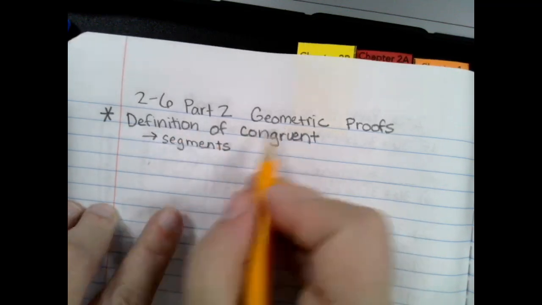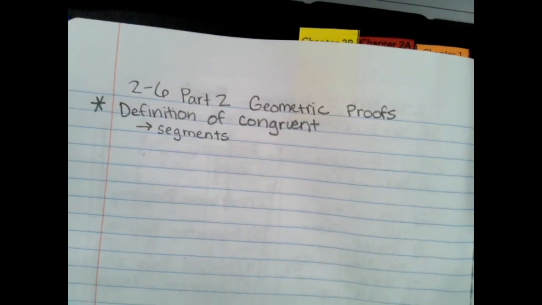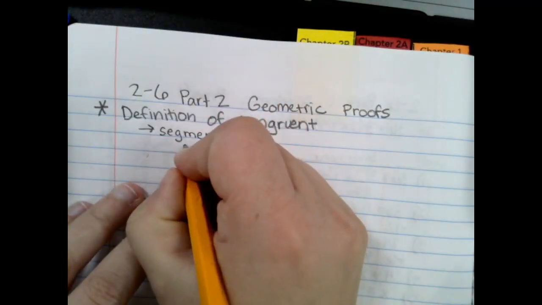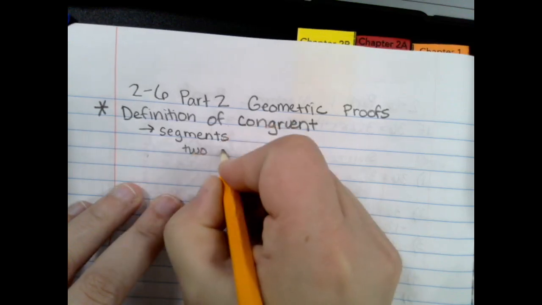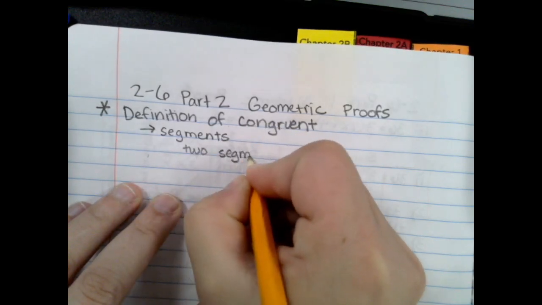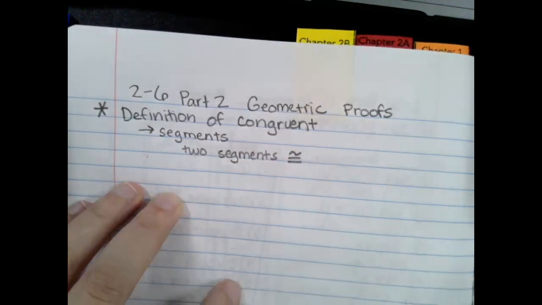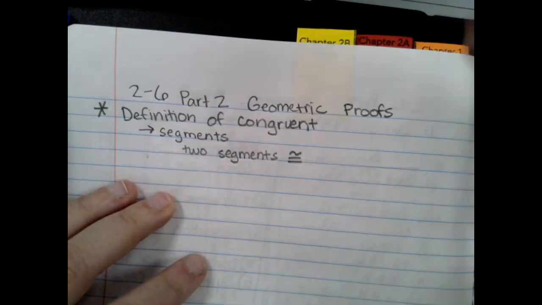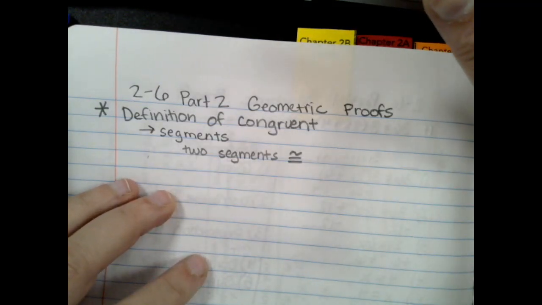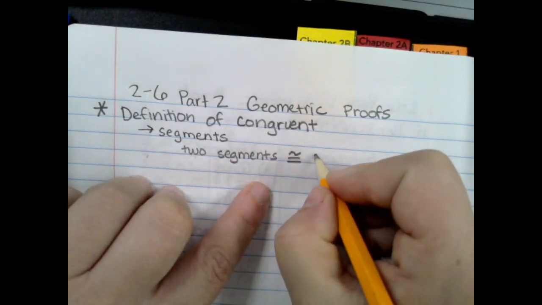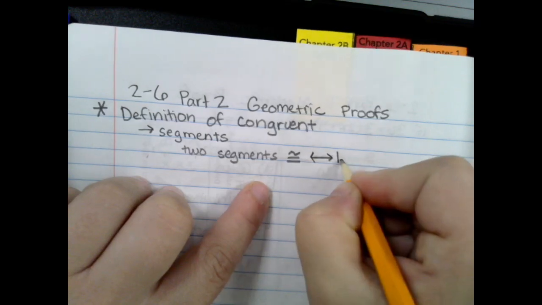So we would say definition of congruent segments, which tells us if two segments are congruent, then we know that they're equal lengths. Their lengths are equal.